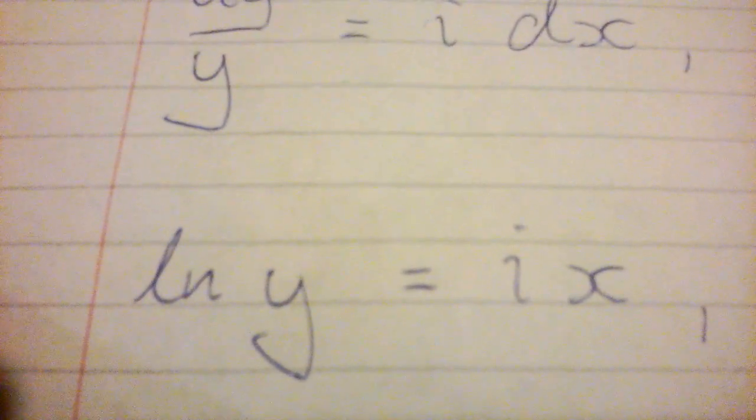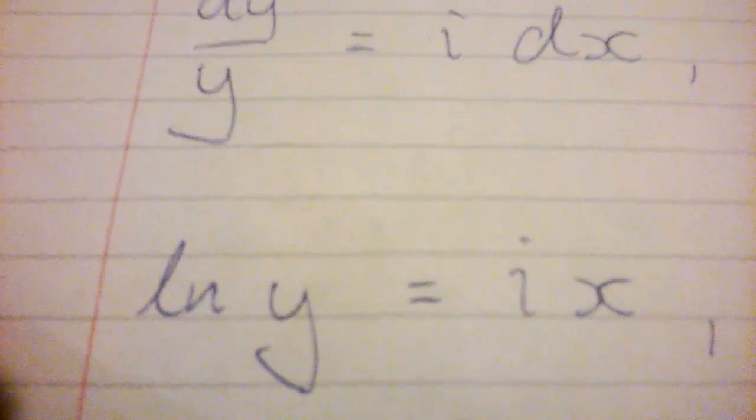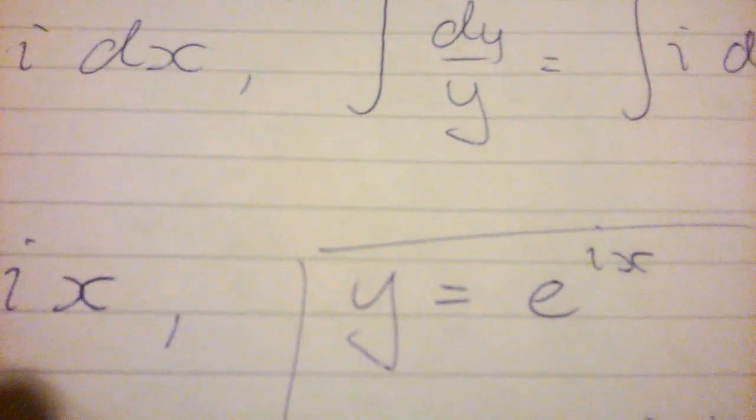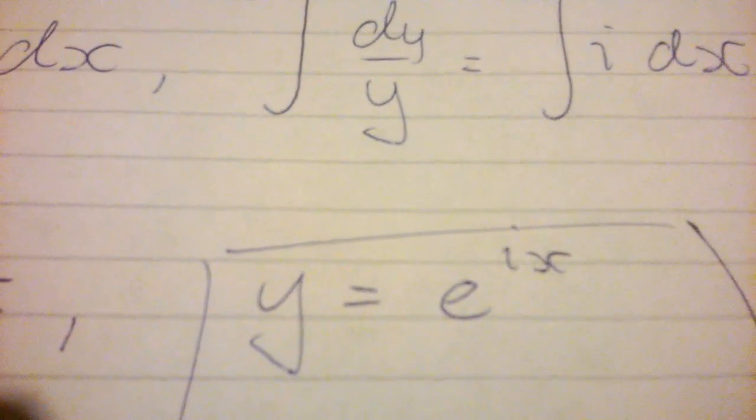Obviously plus a constant, but we can prove that the constants are 0, or they cancel out. So we've got the natural log of y equals ix. So y is equal to e to the ix, because we're taking e to the power of both sides, so e to the power of log y is equal to e to the power of ix.